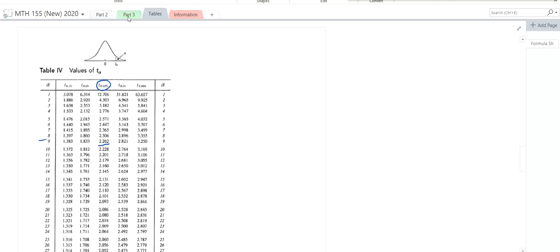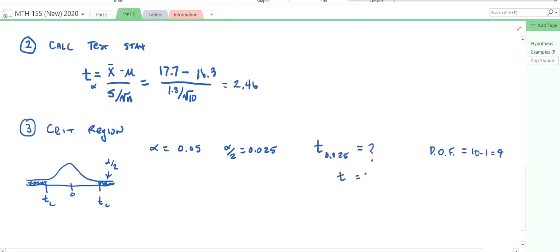So let's go back. That means this is 2.262, and this is minus 2.262. So let's compare then what our test value is, 2.462. It doesn't fall over here, it falls over here.